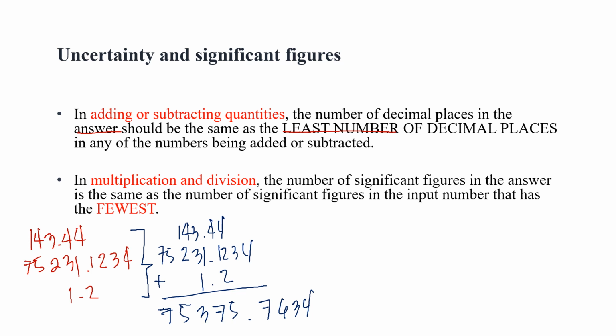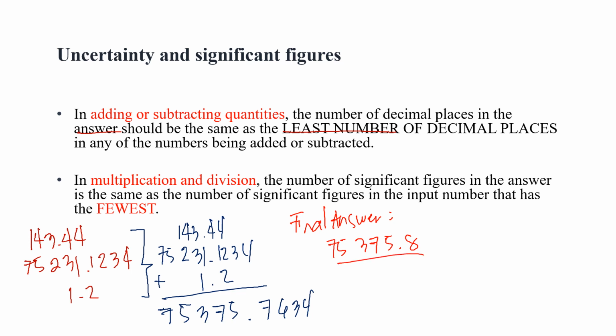the least number of decimal places in any of the numbers being added or subtracted. We have already determined that your third number has the least number of decimal places, which is only one decimal place. So here, your final answer should be written as 75,375.8.